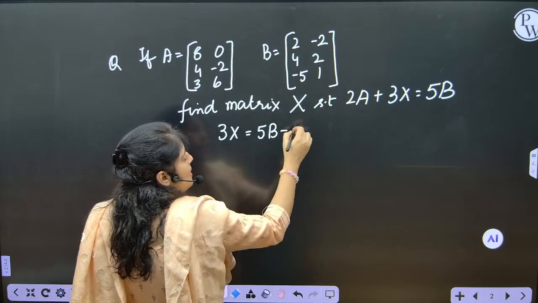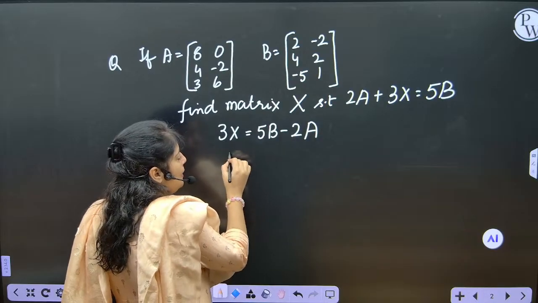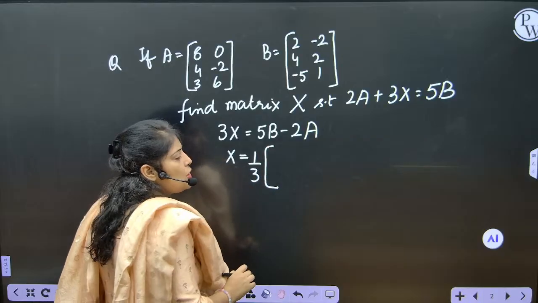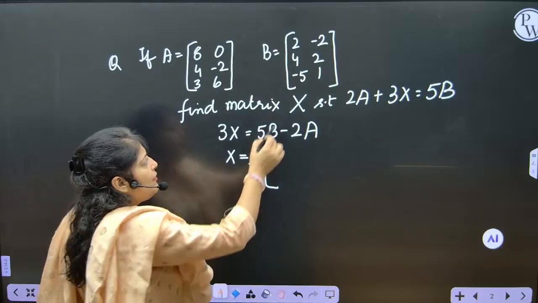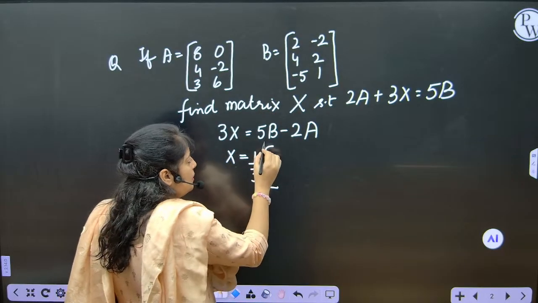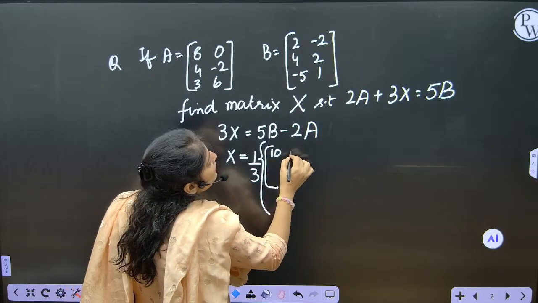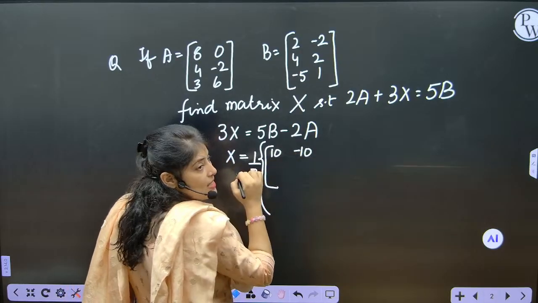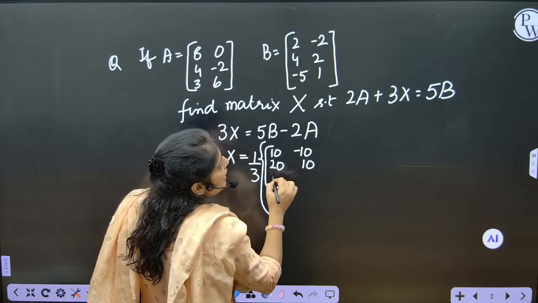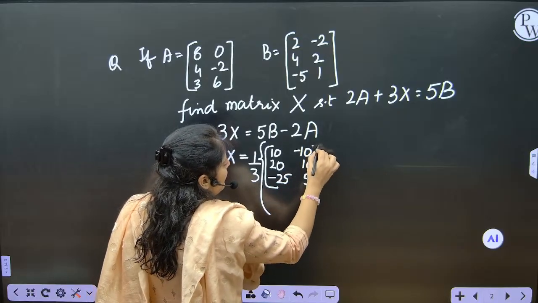This 2A is plus here; on the right side it will become minus. This 3 is multiplied here; on the right side it will become divide. So now 5B means 5 will be multiplied with all the elements here. 5 2s are 10, 5 minus 2s are minus 10, 5 4s are 20, 5 2s are 10, 5 5s are 25, 5 1s are 5.